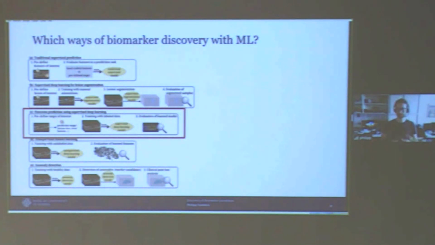But instead of handcrafting these features, or defining a segmentation model to segment and analyze this in a very costly way, you could just let a classification or regression network learn this relation, which is depicted here in stage 2, training with labeled data. And then in the third step, you analyze this learned model.